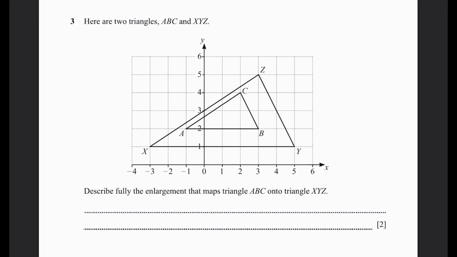So first thing, we can see that the side length here is 4 units and is doubled to 8 units when enlarging it. So it's an enlargement, scale factor 2. Center. What's the center?